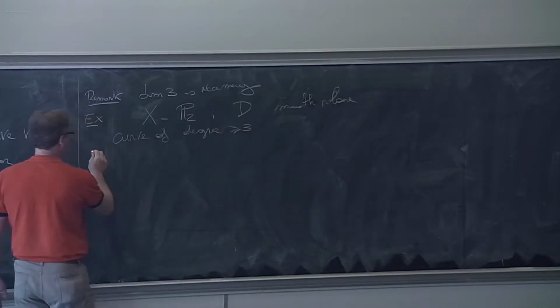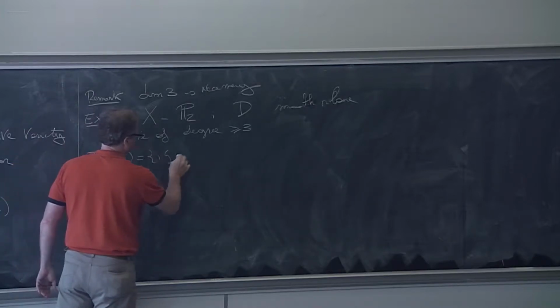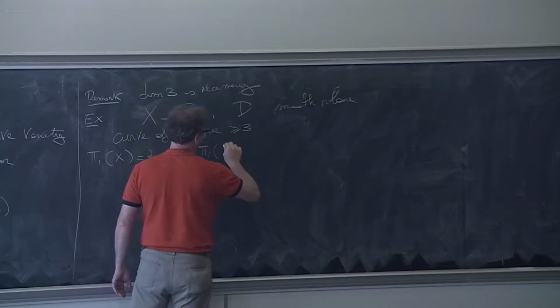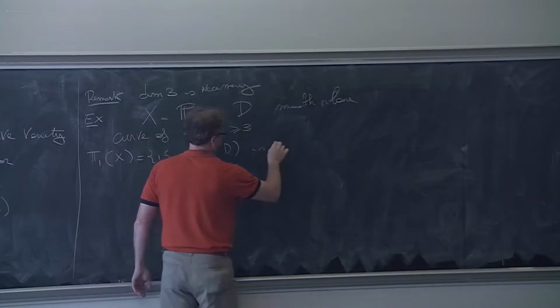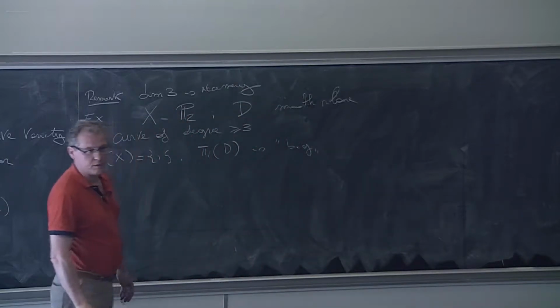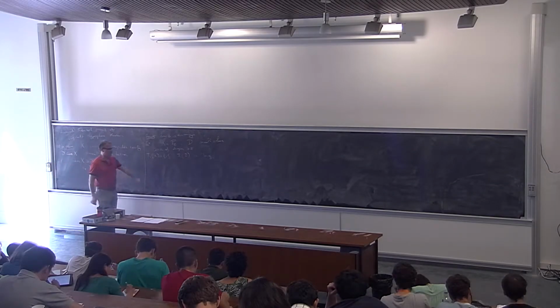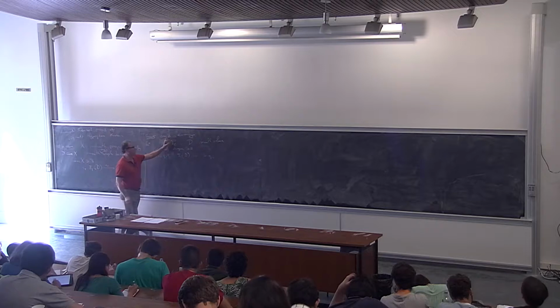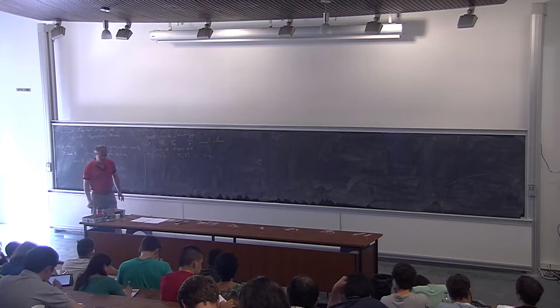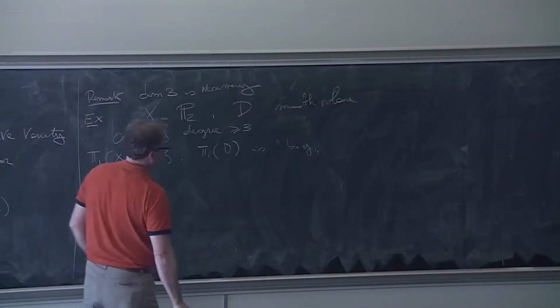Then pi1 of X is trivial and pi1 of D is big, infinite. This is due to the dimension, so it is no contradiction because of this hypothesis.